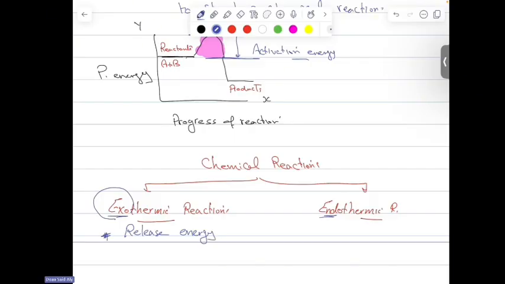Endo means inside or take in. So endothermic chemical reactions absorb energy. So this is the main difference between them. What else?